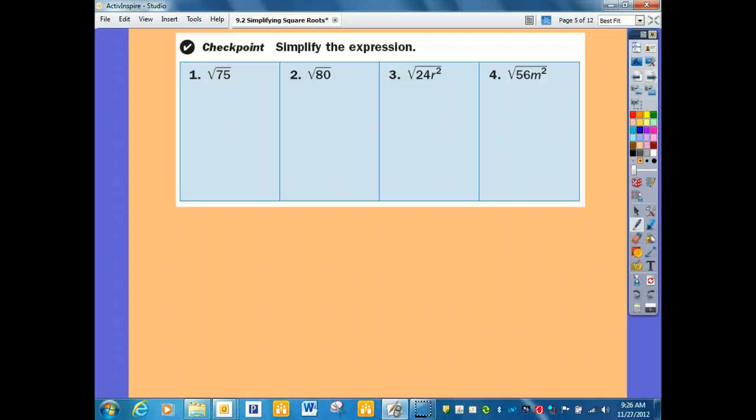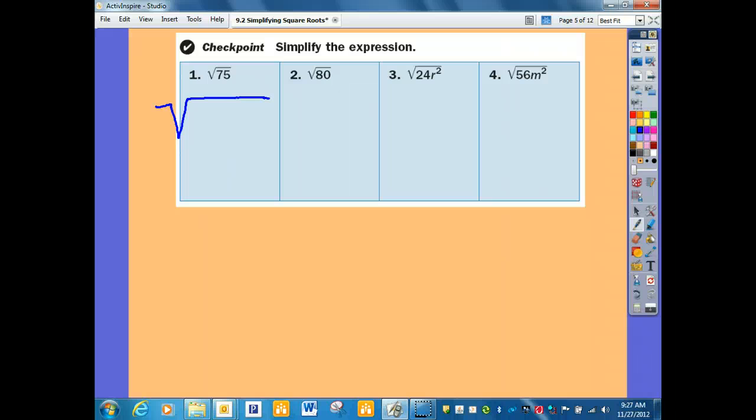75. 75 is pretty easy. Can you think of a perfect square that goes into 75? Really? Come on, I know you can do it. It's early, you can do it. 5. Okay, 5 times 15, but is either 5 or 15 perfect? No?